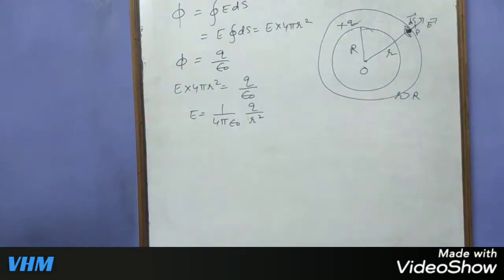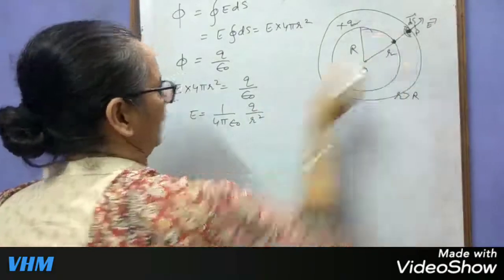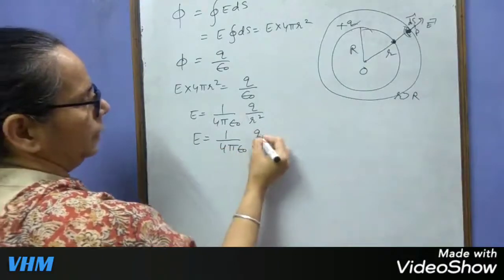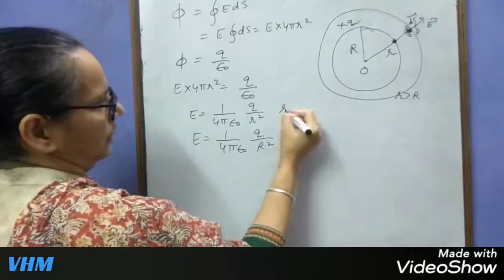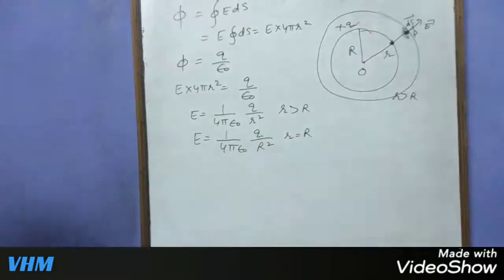And if the point is on the spherical shell, then what should be the electric field? It is 1 over 4 pi epsilon naught Q upon R square. Here r is more than R outside, and this is equal to R on the shell.